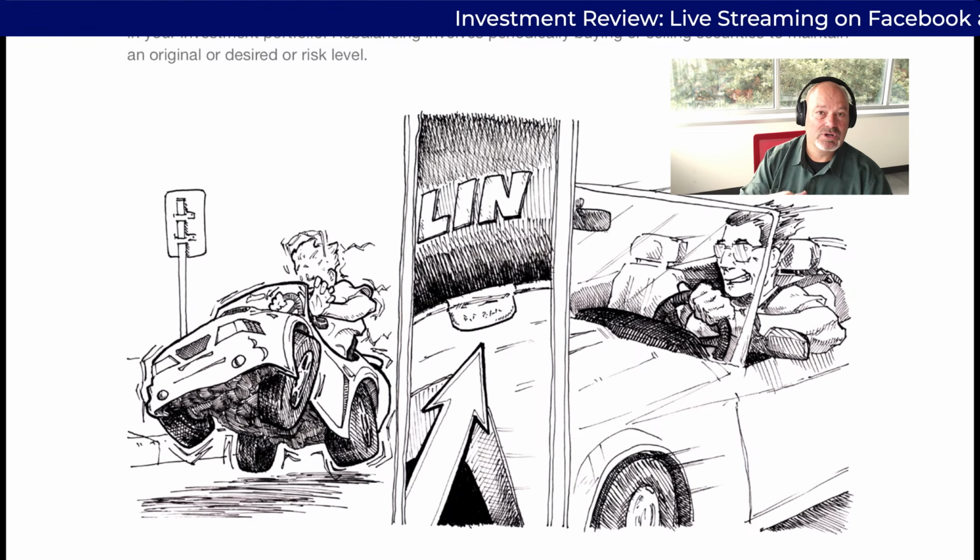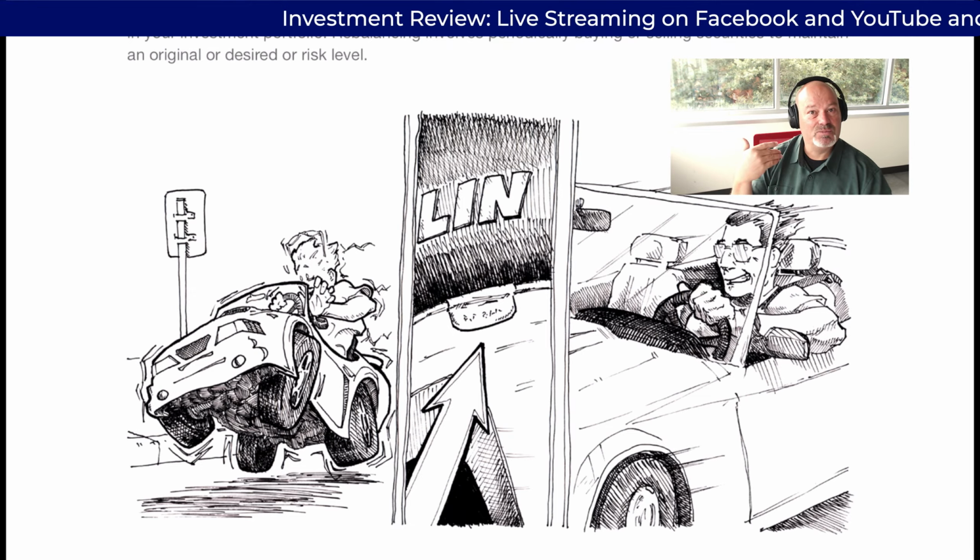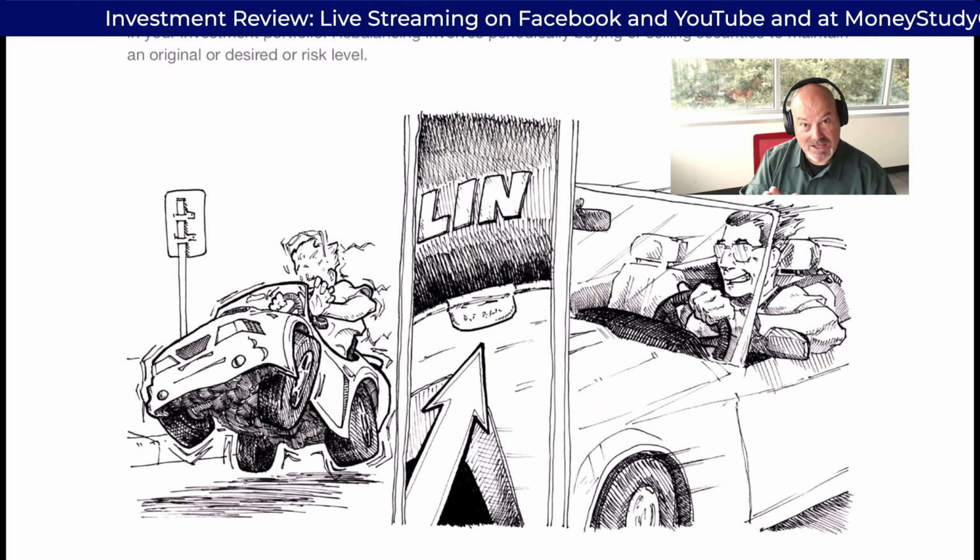So those are the 4 investment strategies designed to help you maximize returns and minimize risk.